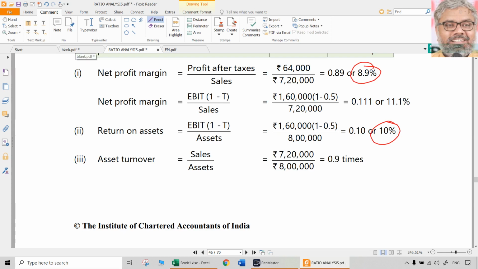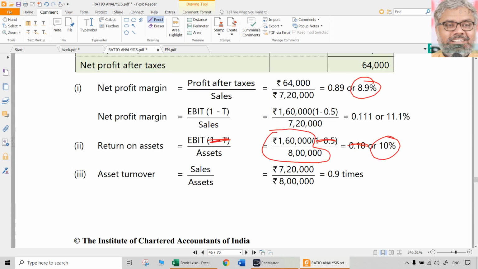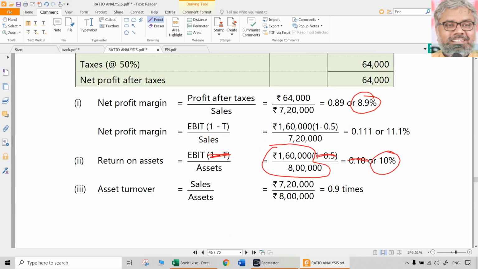So return on assets suggestively will be without considering interest and tax. So EBIT divided by assets will be a better indicator for return on assets. That is the net profit, so the return on assets, second point.